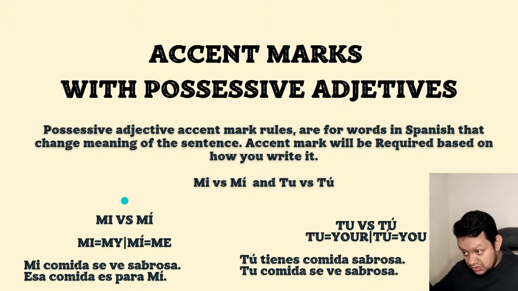Based on what we're talking about, "tú" with an accent mark means you, and "tu" without an accent mark means your. "Tú tienes comida sabrosa." You have delicious food. And then without an accent mark, your food looks delicious. "Tu comida se ve sabrosa."